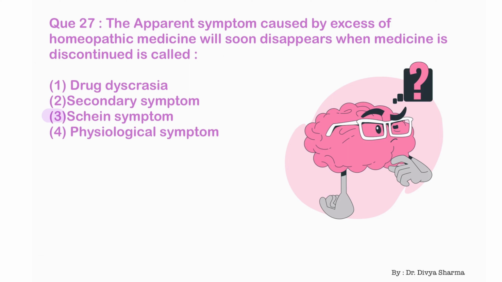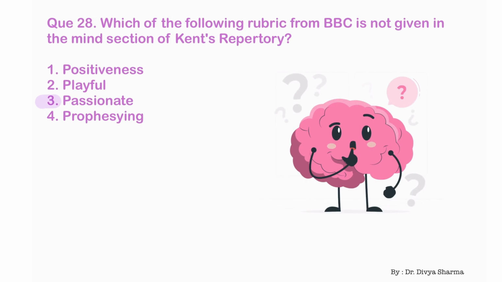It states that the apparent symptom caused by excess of homeopathic medicine will soon disappear when medicine is discontinued. This is known as medicinal aggravation symptom. Question number 28. Which of the following rubrics from BBC is not given in the mind section of Kent's repertory? The correct option is option 3, passionate.